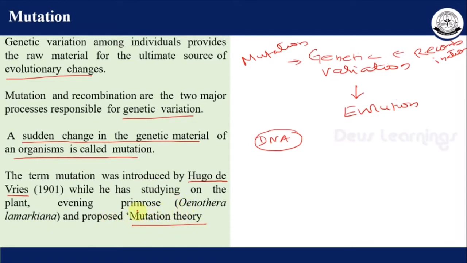It is important to remember who proposed the mutation theory: Hugo de Vries, 1901. He was working on the evening primrose, Oenothera lamarckiana, and proposed the mutation theory.